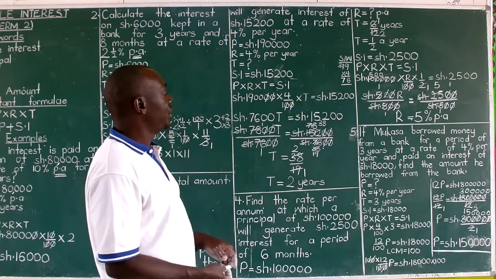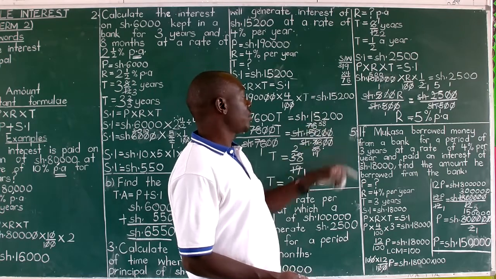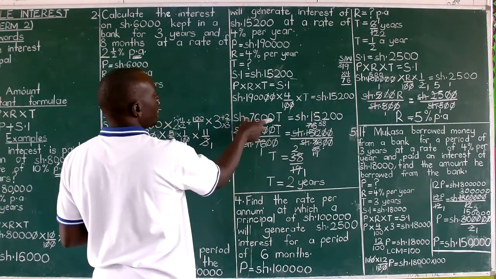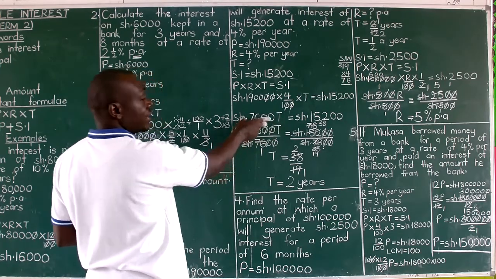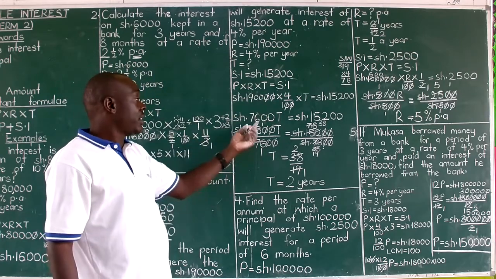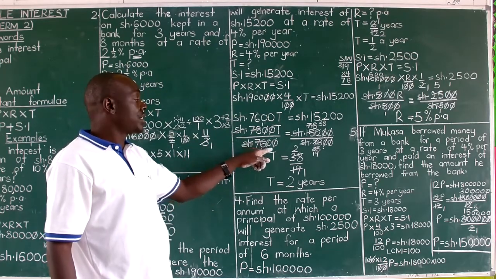T shillings equals our simple interest of 15,200 shillings. Now, we want to remain with the T, meaning we are leaving T with 7,600. So we divide both sides by 7,600 shillings.